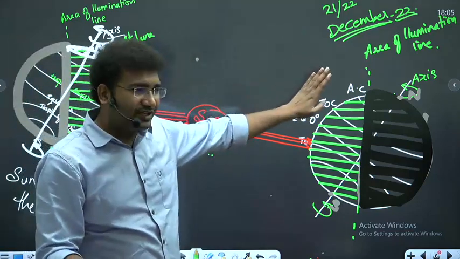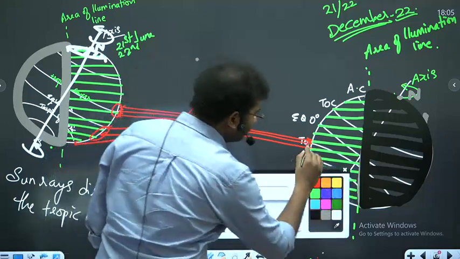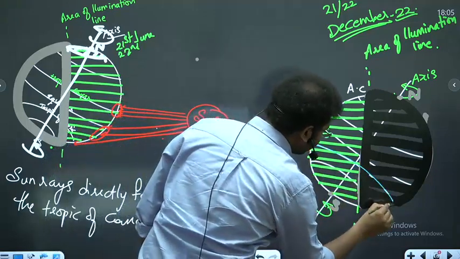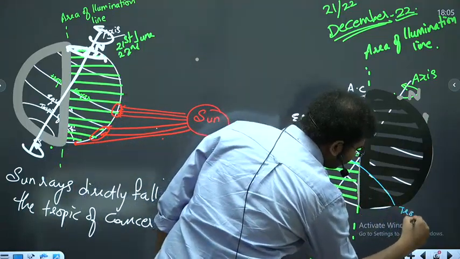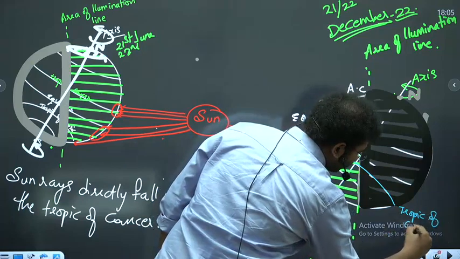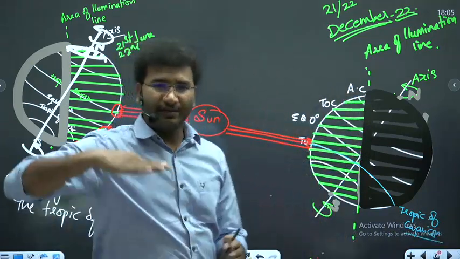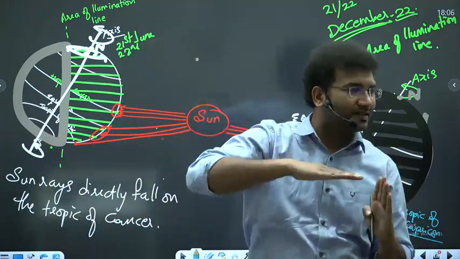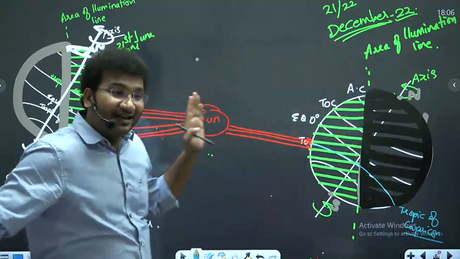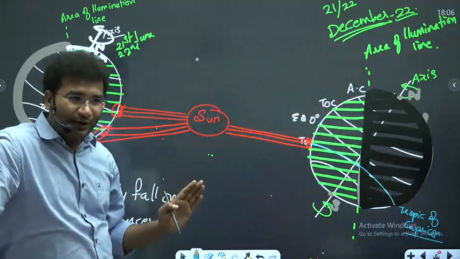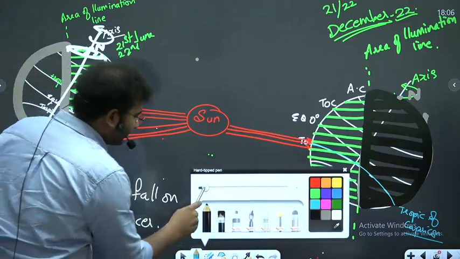Now, you see, the highest heat, you are finding it on the Tropic of Capricorn. Now, this is your... See, it's simple, where there are direct sun rays, there is more heat. Okay. Now the direct sun rays are falling between Tropic of Cancer.